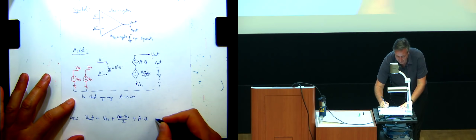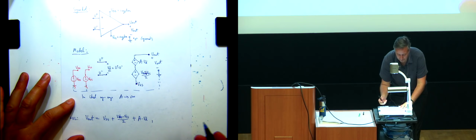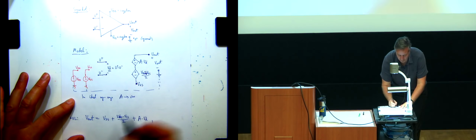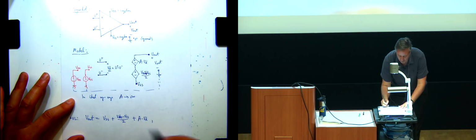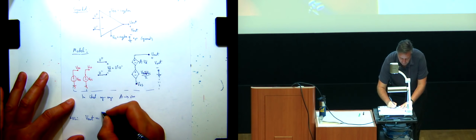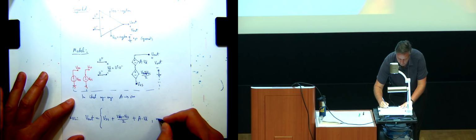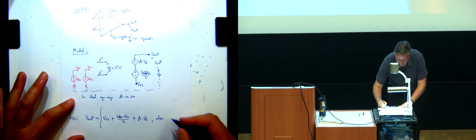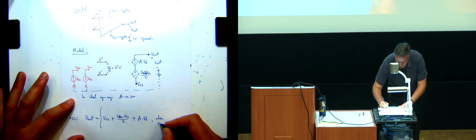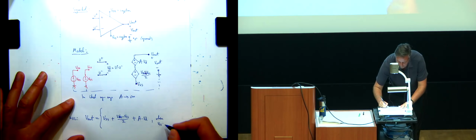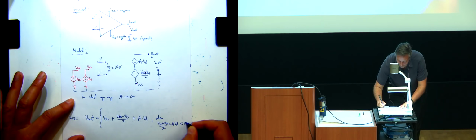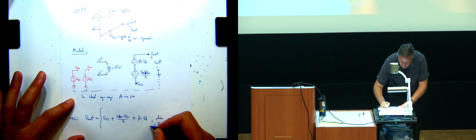Now, this is only when this whole voltage, let's call it V star, in this case this will end up being VSS plus VDD over 2 plus AVD, is smaller than VDD or greater or equal to VSS.